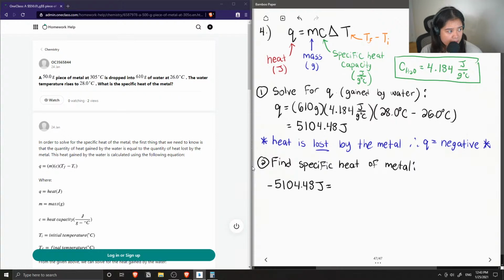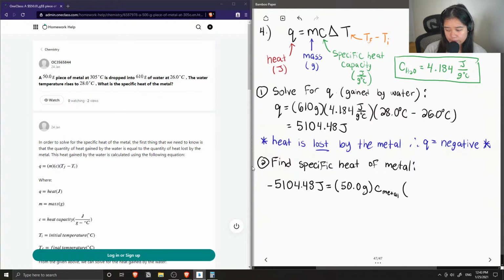And now we can just plug in all of our variables for the metal this time. The mass of the metal was 50 grams, and we're trying to solve for C. So C of metal is unknown.